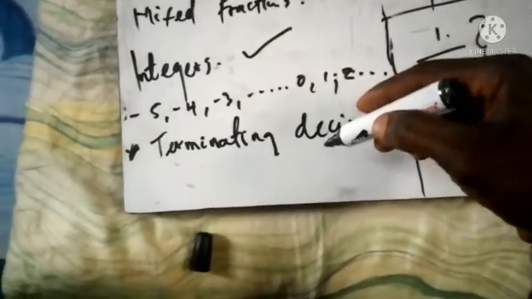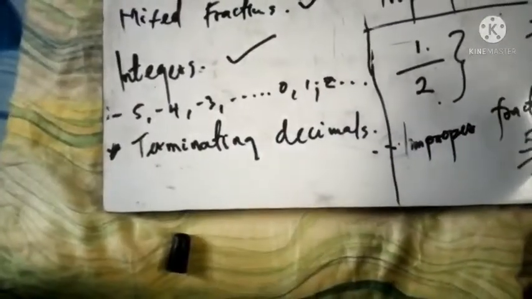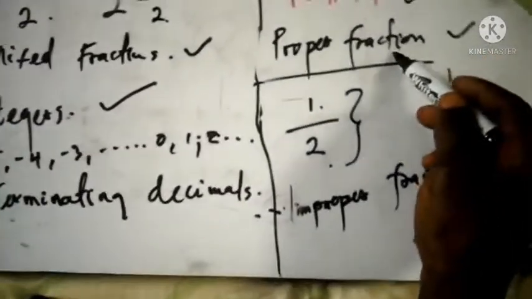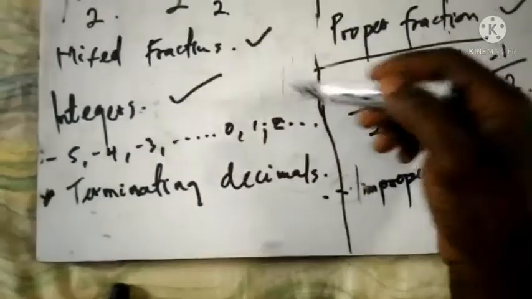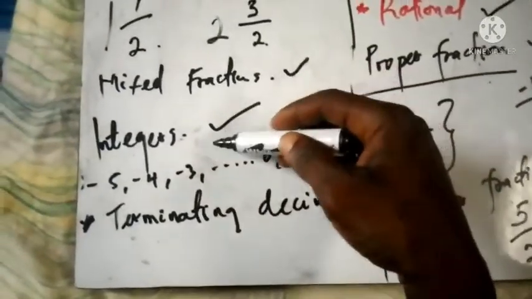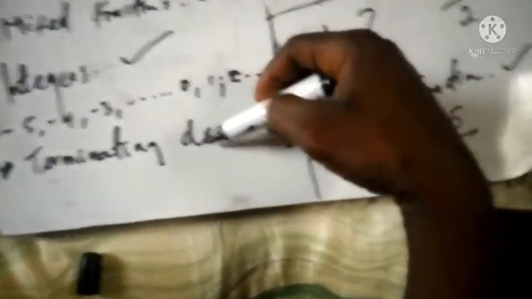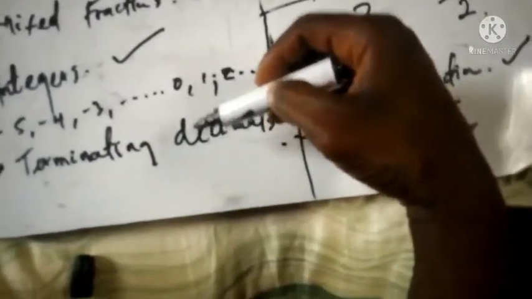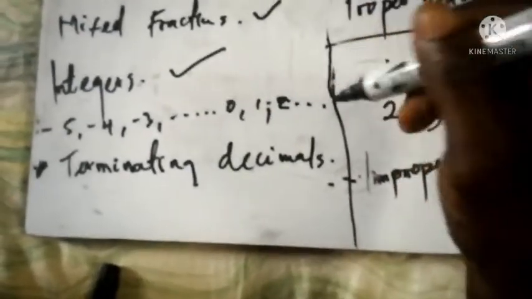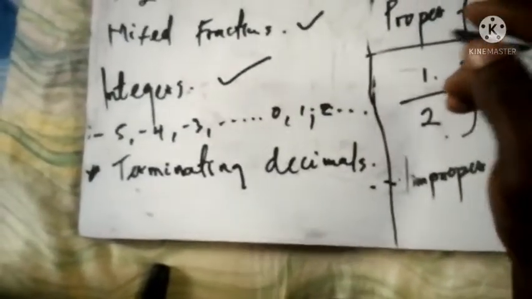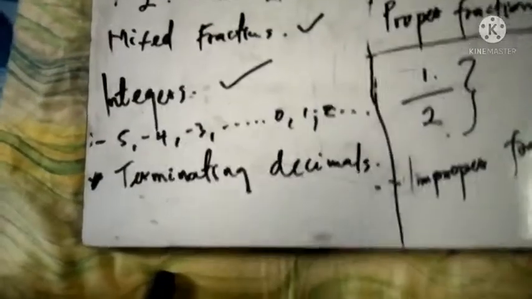Is that okay? So how many children for now? This is one proper fraction, improper, and then followed by mixed fraction, integers, and then terminating decimals. As the name suggests, terminating decimals simply means a decimal that terminates. Is that okay? So a decimal number that terminates.